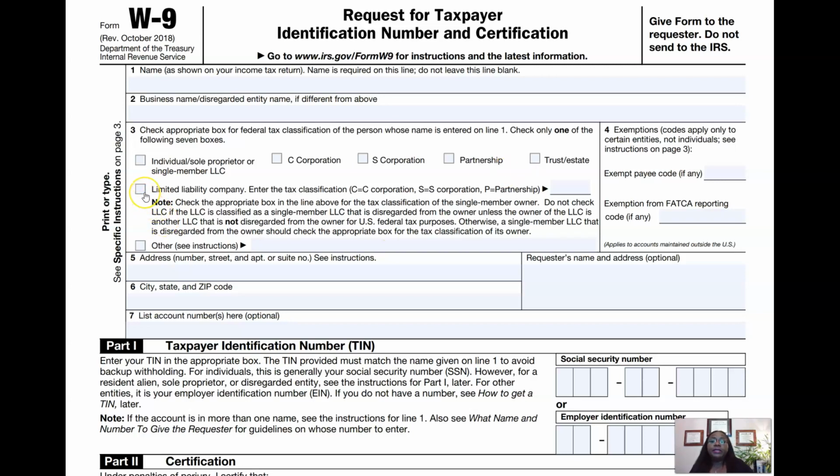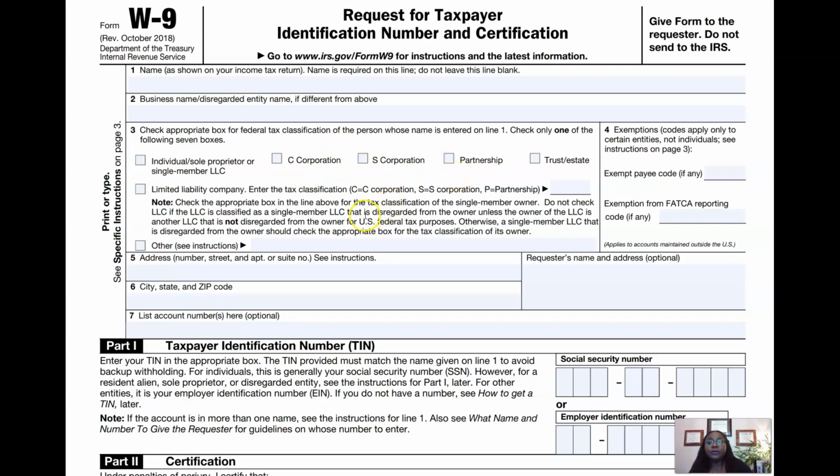Then the next line is limited liability company. This says enter the tax classification, which is C Corp, S Corp, or partnership. You're probably thinking, we already went over that in this area. But this is saying that you're an LLC and you've elected to be taxed as a C Corp, S Corp, or partnership.